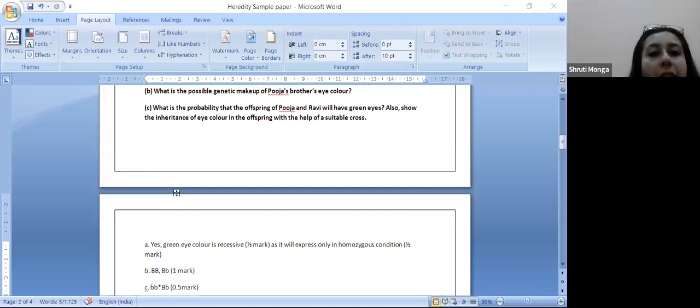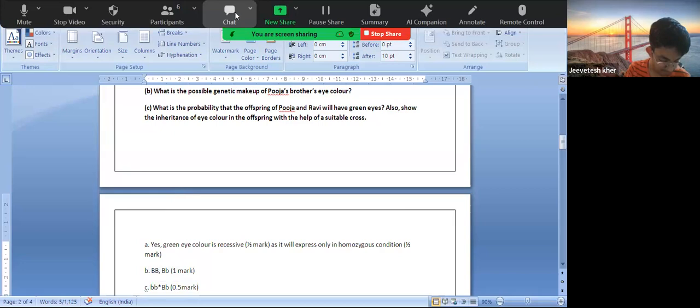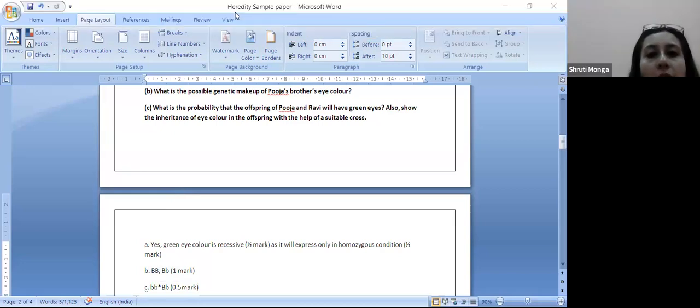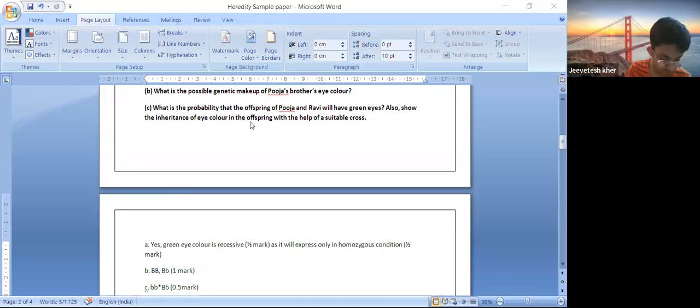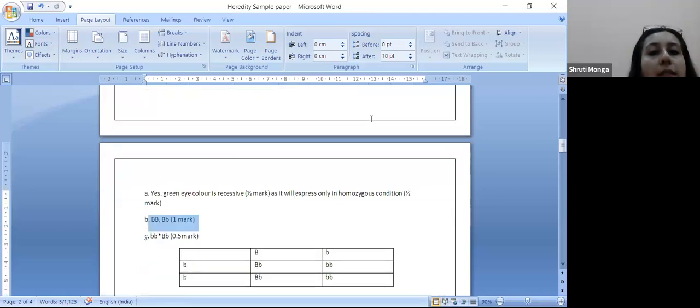Now calculate the probability that the offspring of Pooja and Ravi will have green eyes. For Pooja, we have written small b small b because being recessive.